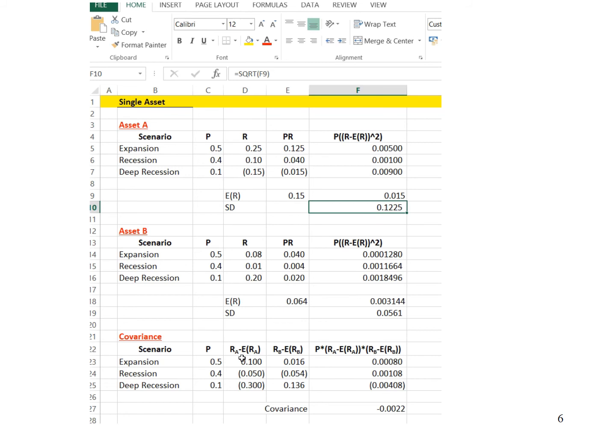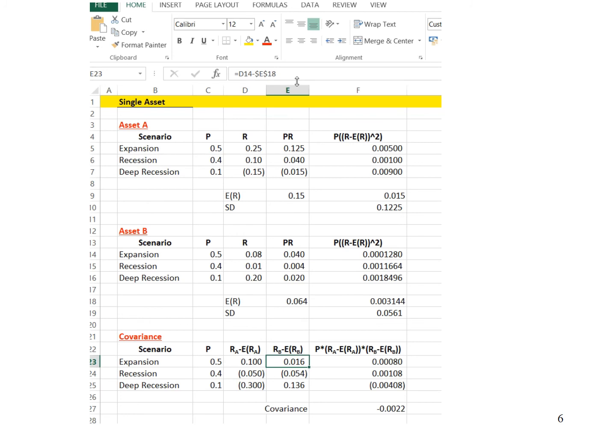Next, we shall calculate covariance for A and B. I'm going to make use of return of asset A under the expansion scenario, 0.25 minus the expected return of asset A. We shall continue to do it for the recession scenario and deep recession scenario.